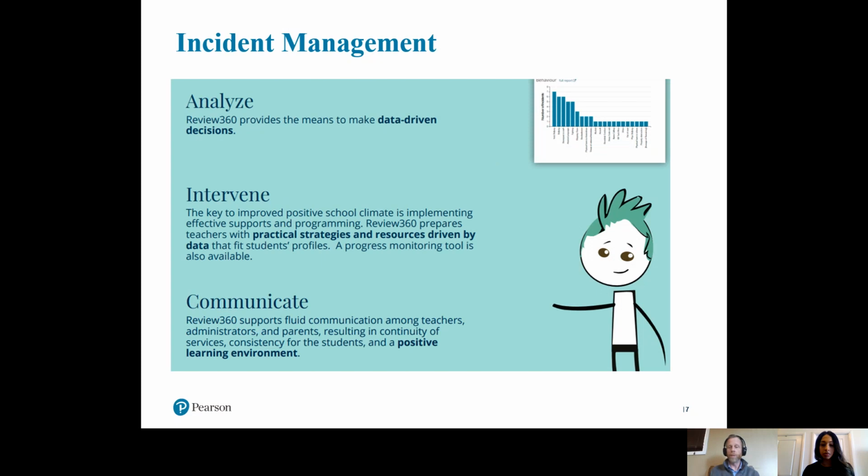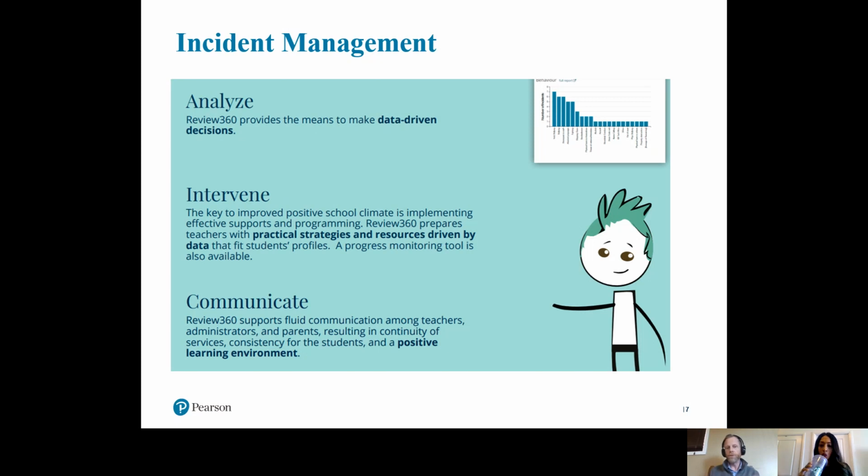So with that incident management, our goal is to really reduce the amount of those disruptive behaviors, those incidents. And with that progress monitoring, we're able to really craft a plan for that student and analyze that data to determine if we are helping that student in their area of need.